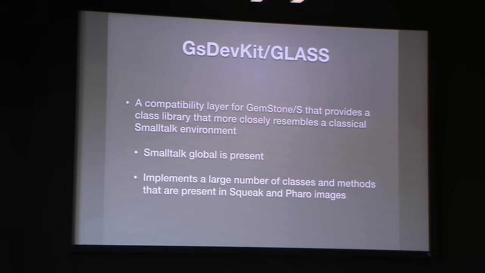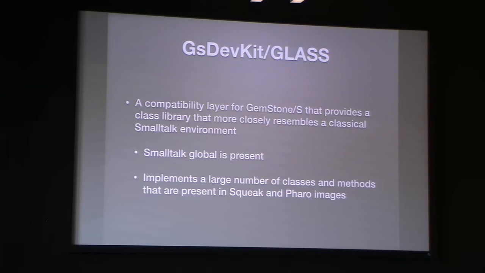In 2007 we announced Glass, and that was GemStone, Linux, Apache, Smalltalk, and Seaside. We had a virtual machine that ran that all in one piece. That was what kicked this whole effort off, and so that was called Glass.